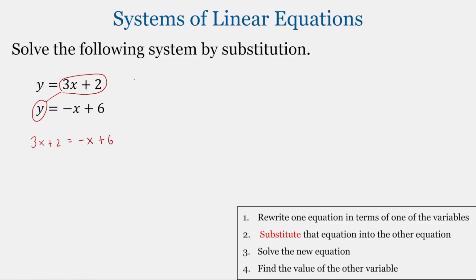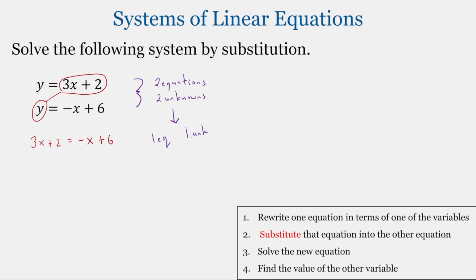So what we have done is we have started with two equations and two unknowns, and we've ended up with one equation and one unknown. And this is what we want.